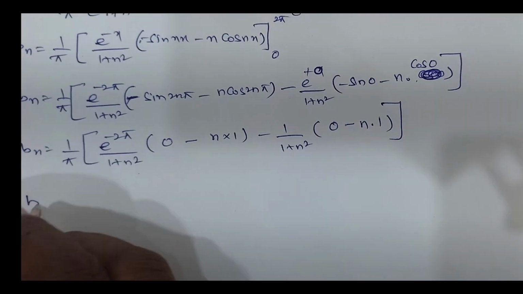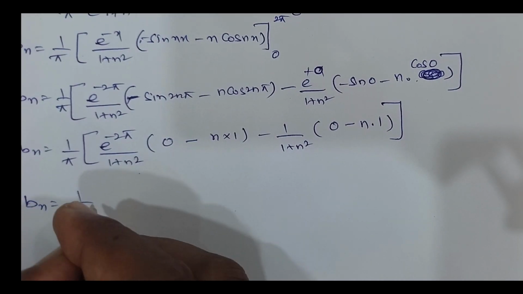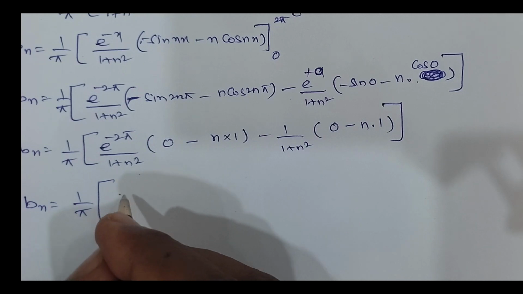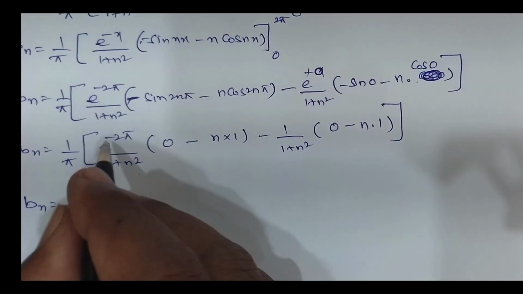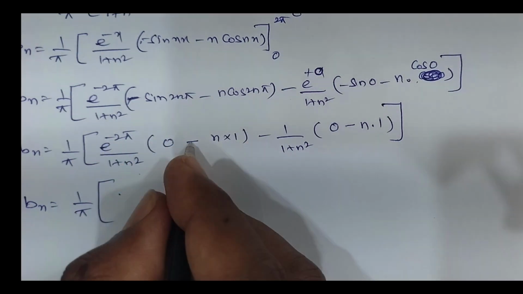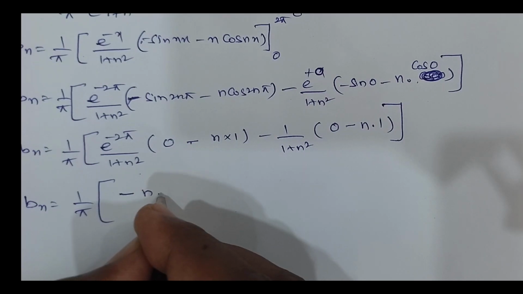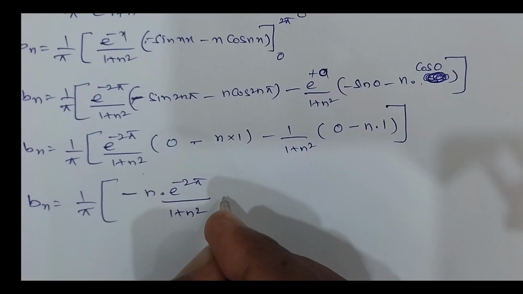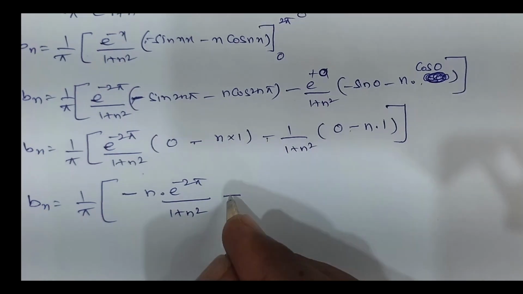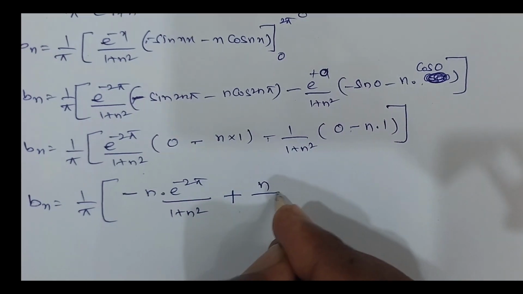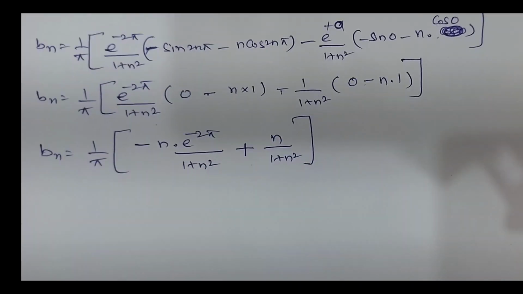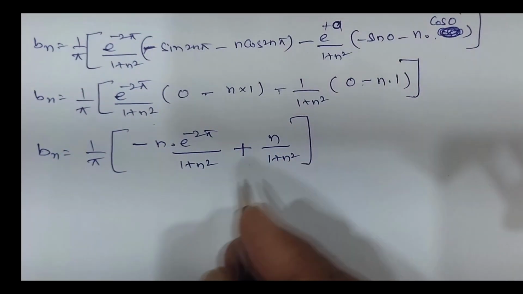So bn is equal to 1 by pi into minus n into e power minus 2 pi by 1 plus n square. Here minus into minus gives plus n by 1 plus n square.